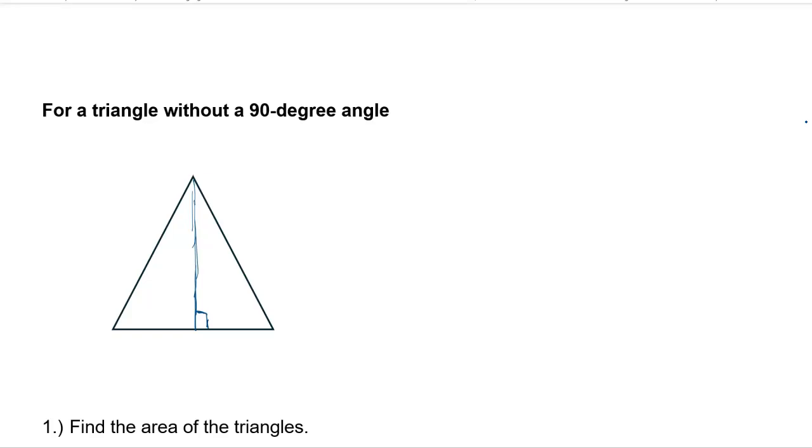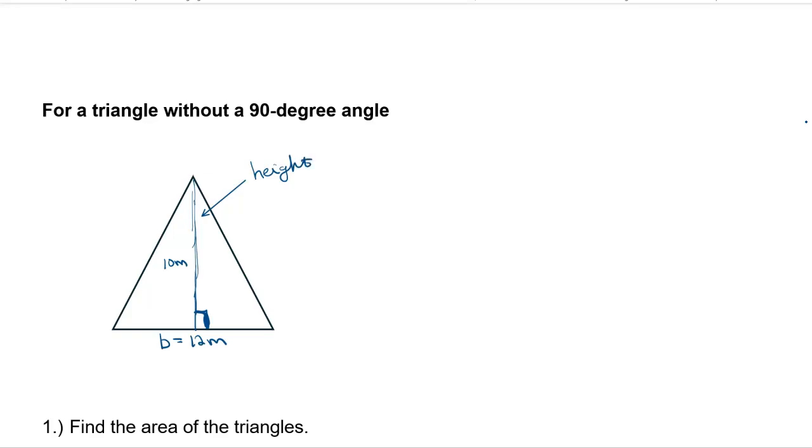So just for kicks, let's do 10 meters. And then for your base, let's say that's 12 meters. Okay, so I know that this distance, because it has the 90-degree relationship with the base, is my height.